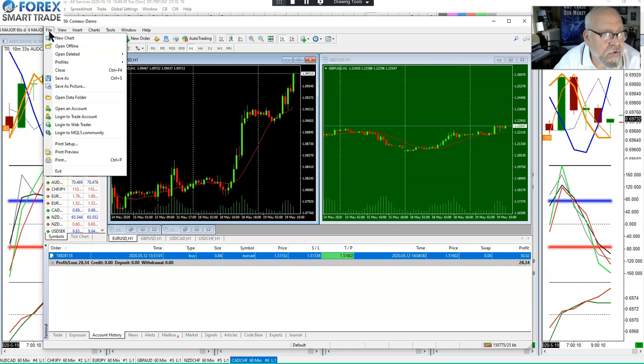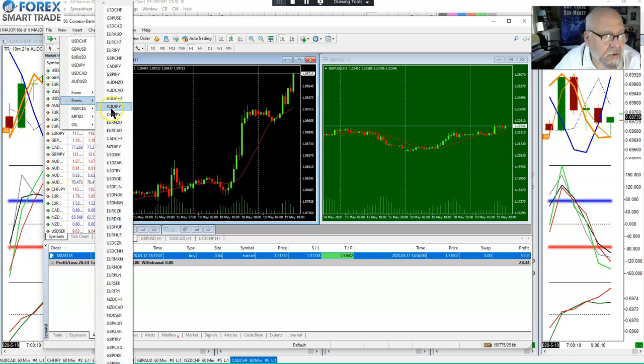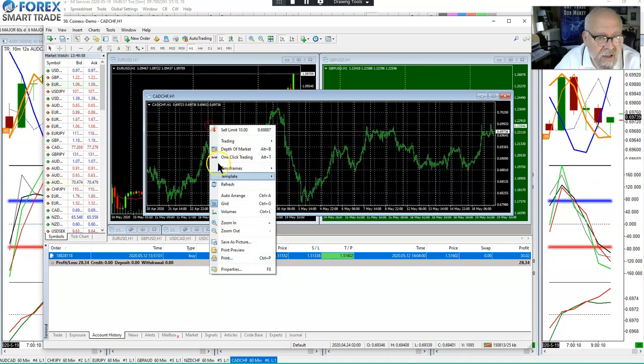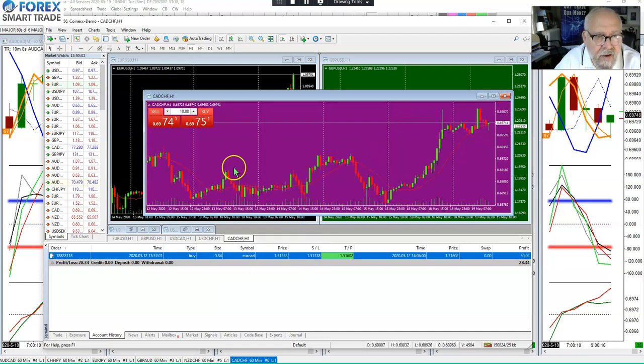I'm going to go to File, New Chart, and I'm going to look for CAD CHF. Not in this group. Not in this group. Now I'm going to see if I can find them in here. CAD CHF right here. I am going to just put a different template on there.